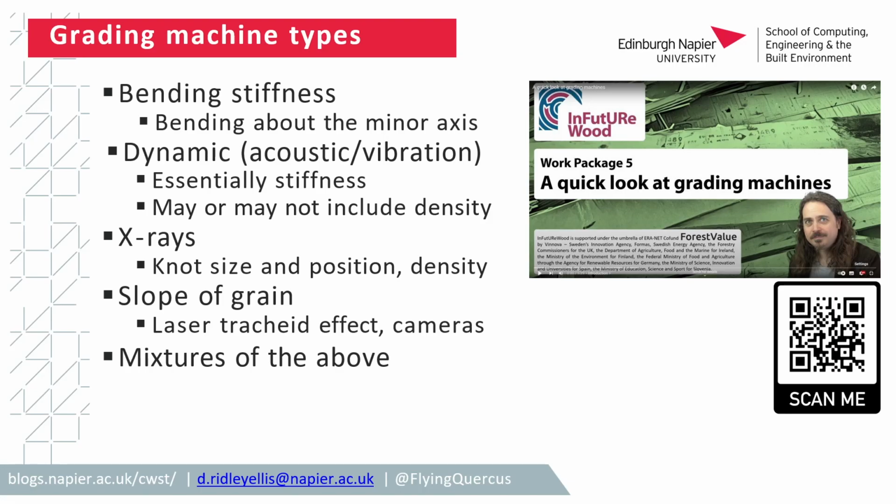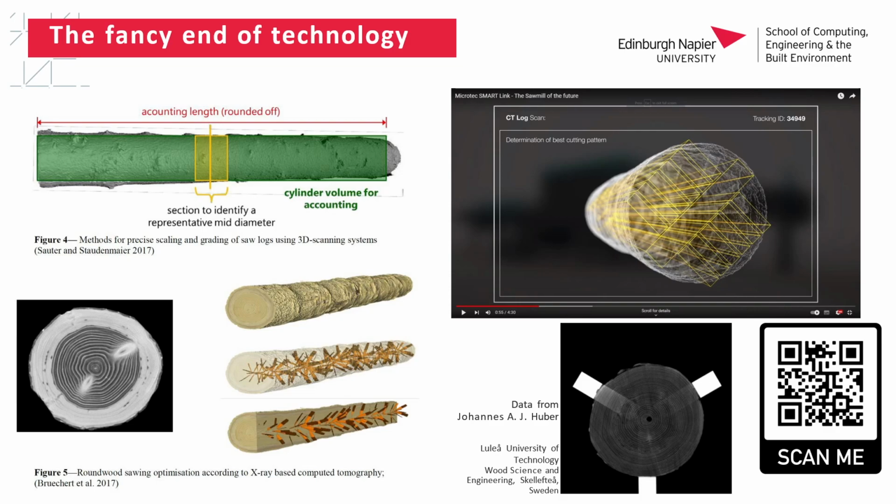But in that, he talks about this machine here. We call it the Golden Eye. We've got several of them in the UK, and it's for grading the wood, and it's very, very fast.